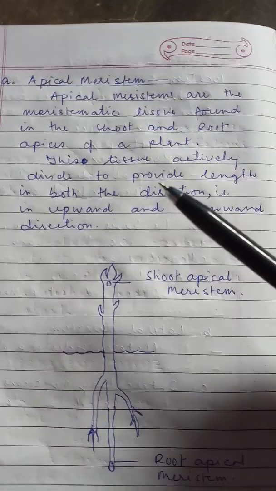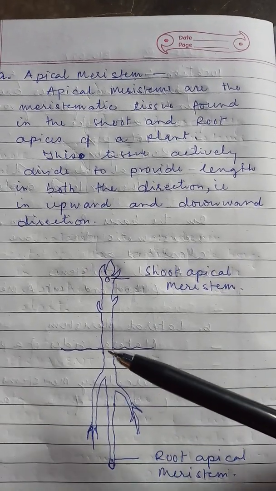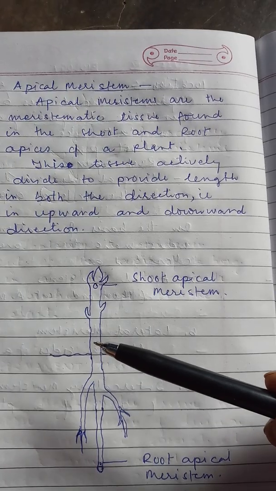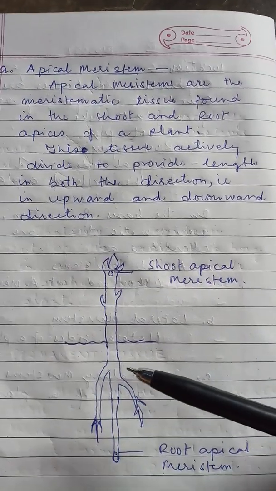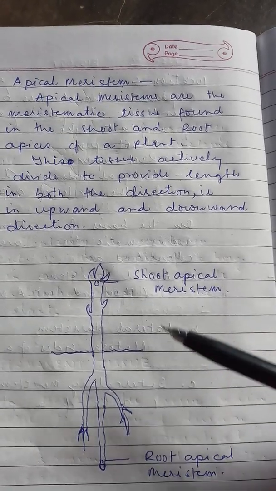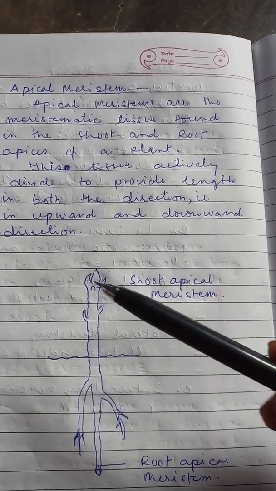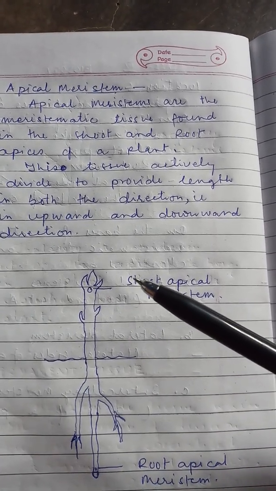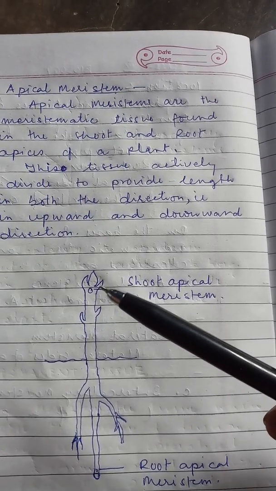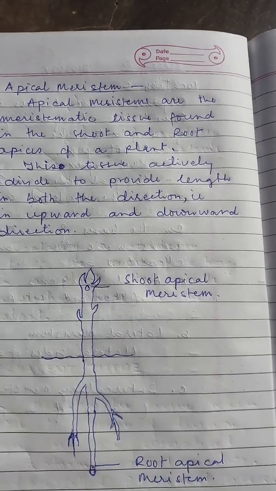This tissue actively divides to provide length in both directions, that is, a plant grows upward as well as downward. So this upward and downward extension of height is carried out by the actively dividing cells of the shoot apical meristem and the root apical meristem.